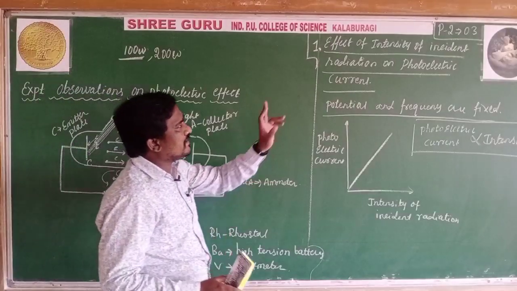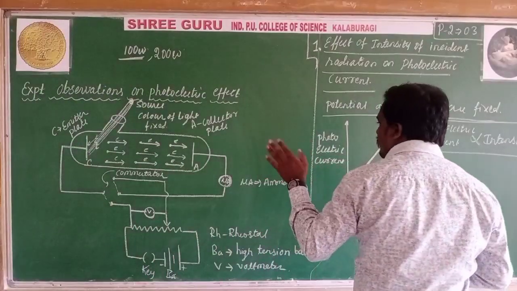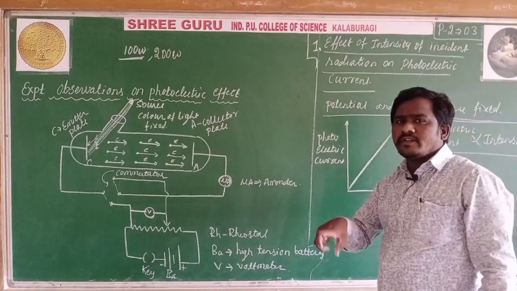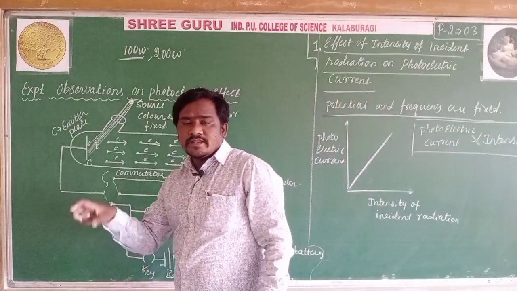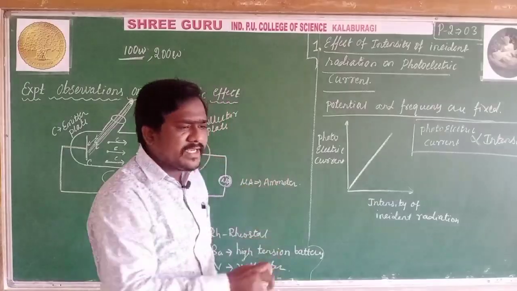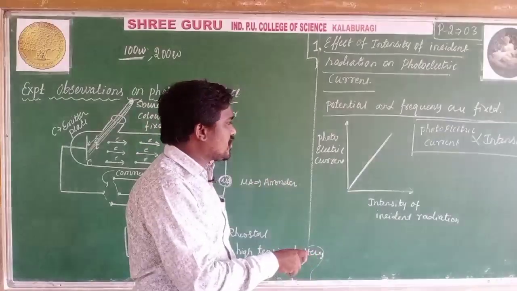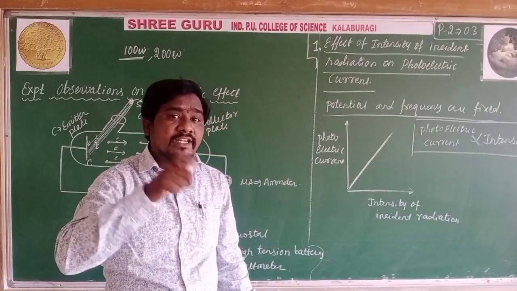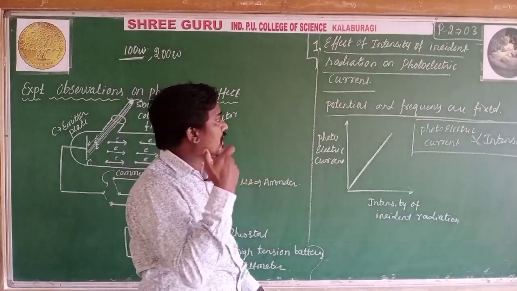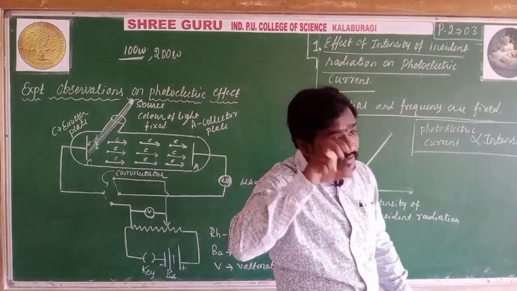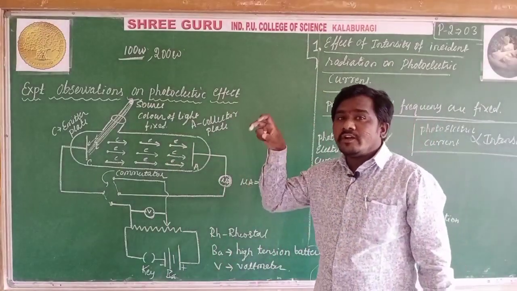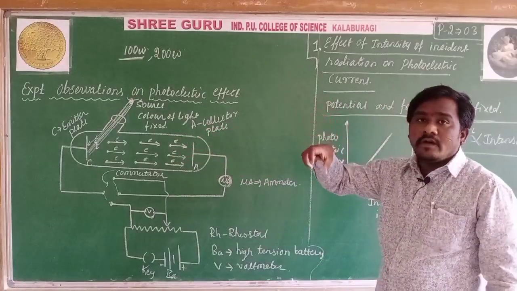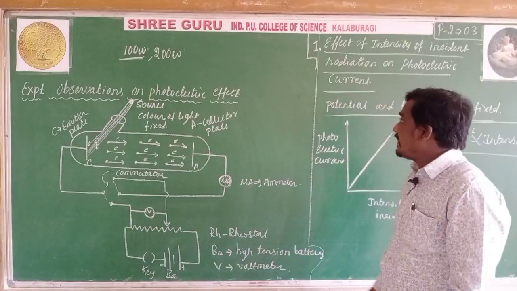This is the first effect on photoelectric current. The factors it depends on are the intensity, the potential difference between the cathode and anode plate, the frequency, and also the nature of the substance, which is very important.